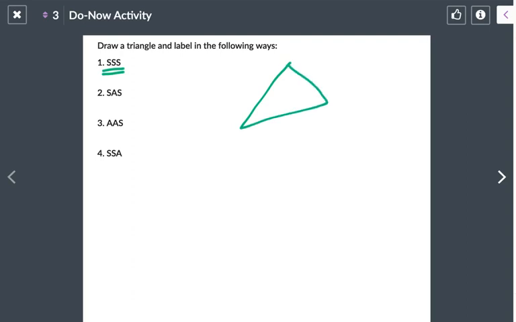For example, I have A, B, and C. So I label its sides like A, here's B, and this is C. SSS, this S stands for size, which means we know all three sides. When you have a triangle given the three sides, we call this the SSS pattern.